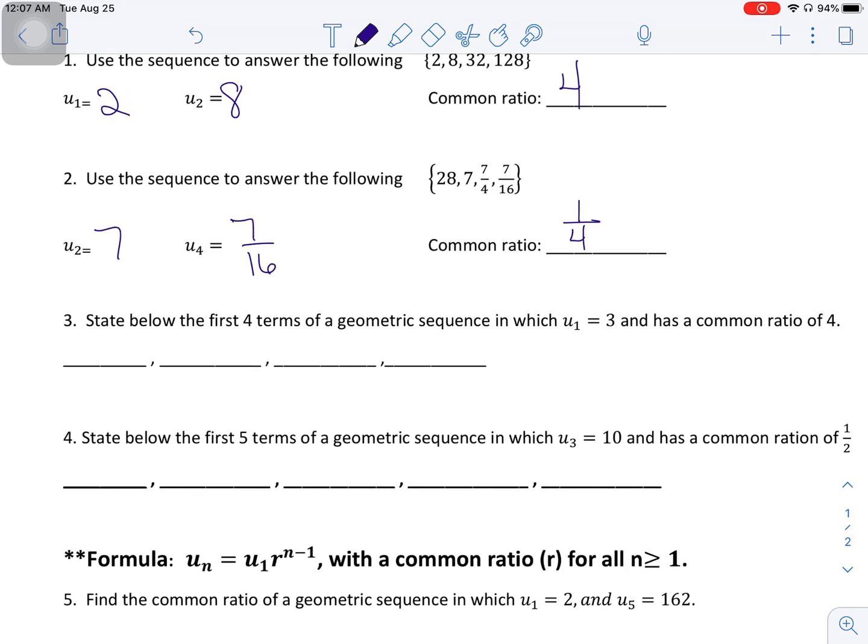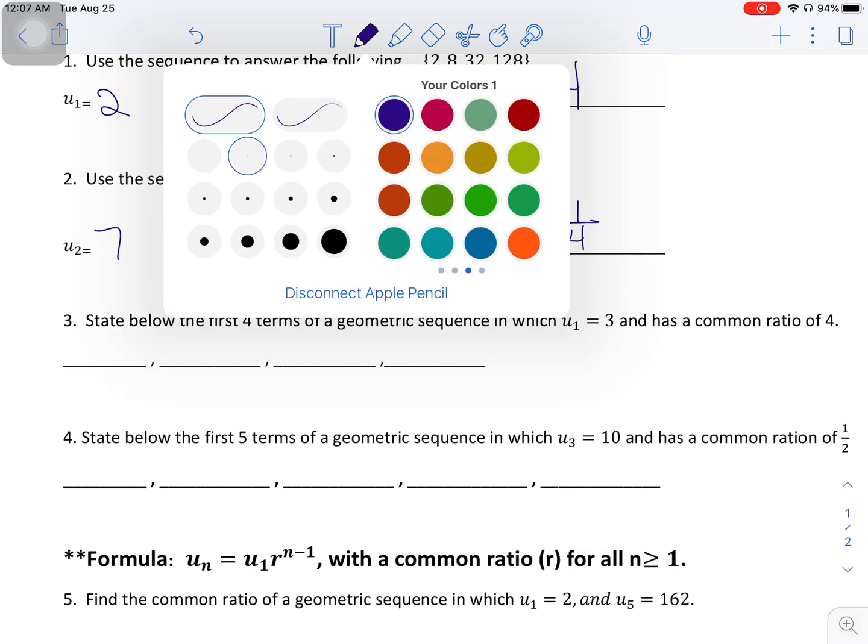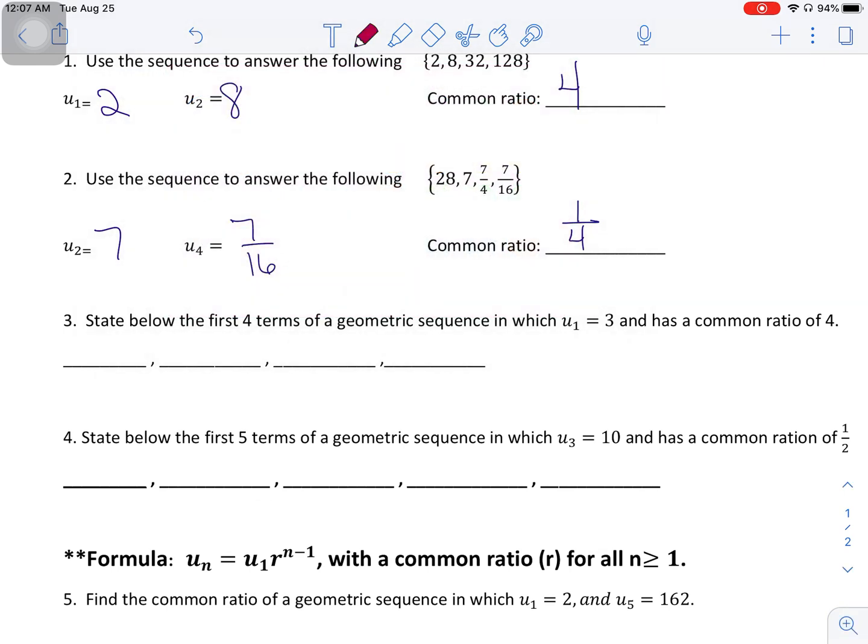All right. Let's see. We'll change a color. Number 3, we need the first 4 terms. So U sub 1 is 3. So you're going to start with 3, and you have a common ratio of 4. So that means to get the next term, we want to multiply times 4. So 3 times 4 is 12. To get the next term, I'm going to keep multiplying times 4. 12 times 4 is 48.